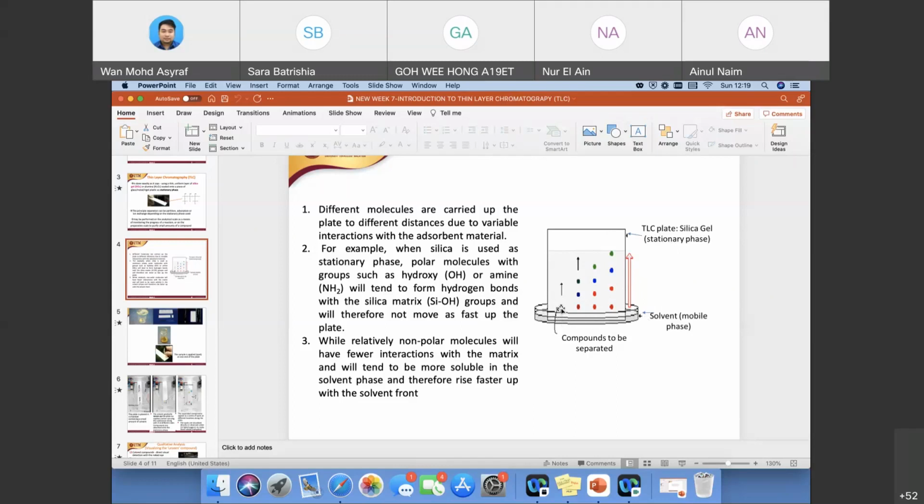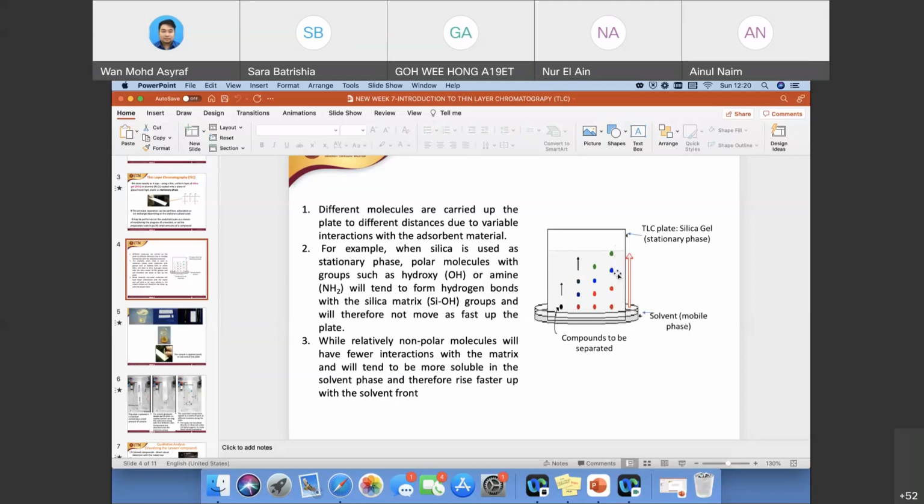You put your sample and after 1 or 2 minutes, it starts to separate, where the black has become red, blue, and black green here. As time goes by, as the capillary action moves upwards, the mobile phase carrying up your analyte will separate into 4 types of dots here, which is the red, maybe this is orange, blue, and green.